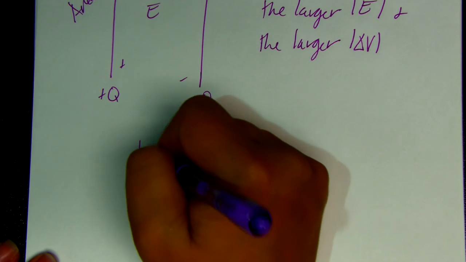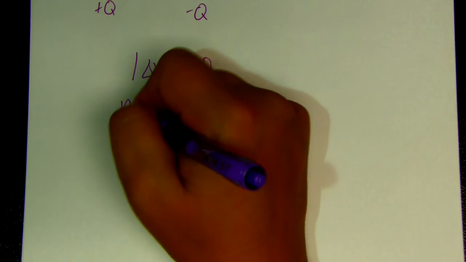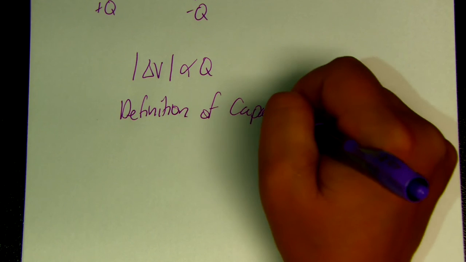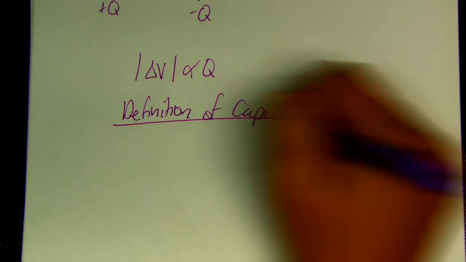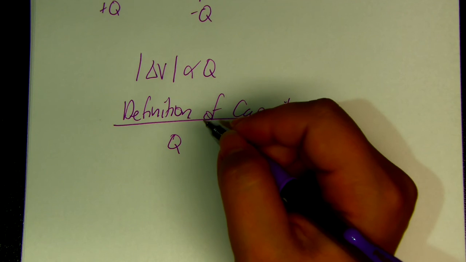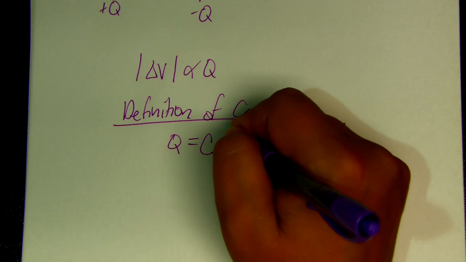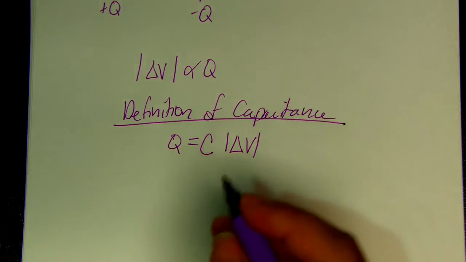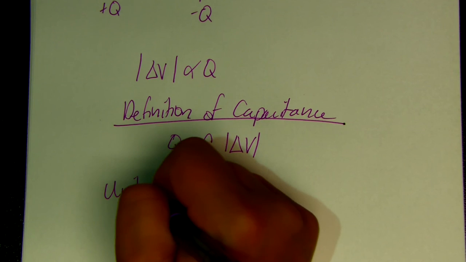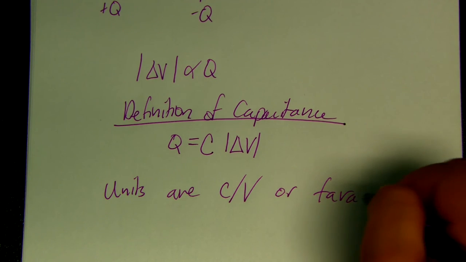So from here, we see that delta V is proportional to the charge. And this leads me to the definition of capacitance, which is, if you've been looking at capacitors if you've been ahead in your labs, you've seen that they have something on them, which is their capacitance. So charge is equal to C, which is capacitance, times the magnitude of delta V. And the units are coulombs per volt or farads.